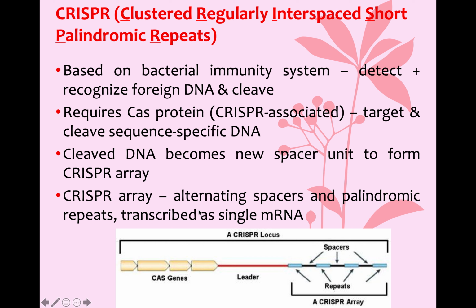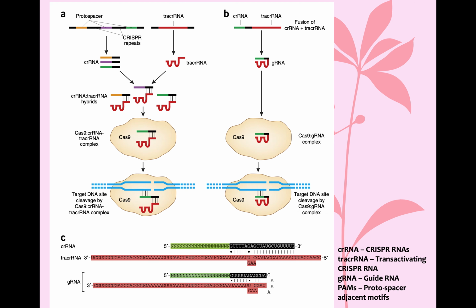The CRISPR array consists of alternating spacers and palindromic repeats transcribed as a single mRNA. This is the basic fundamentals of CRISPR.